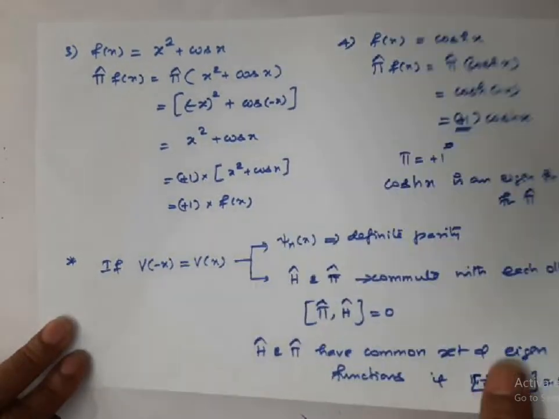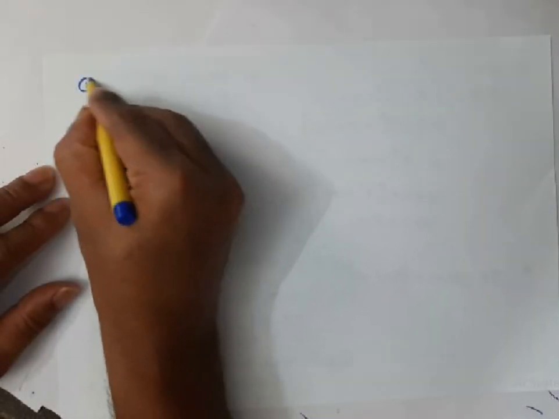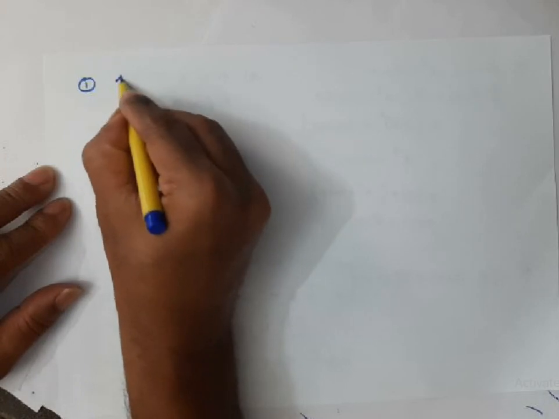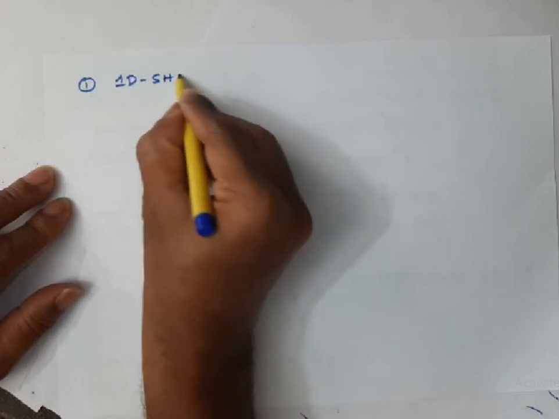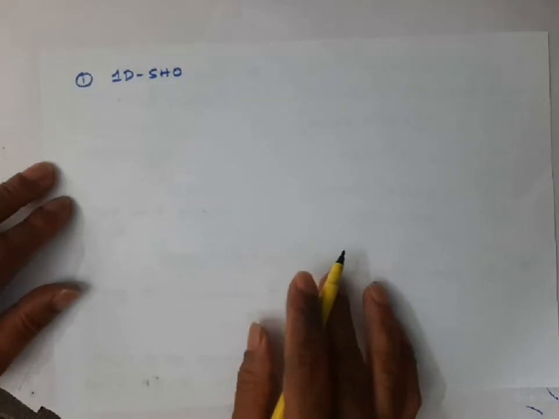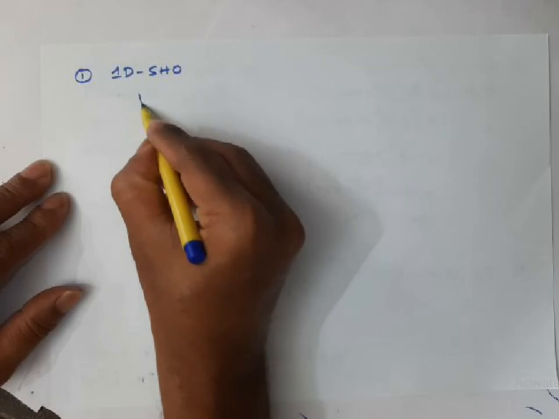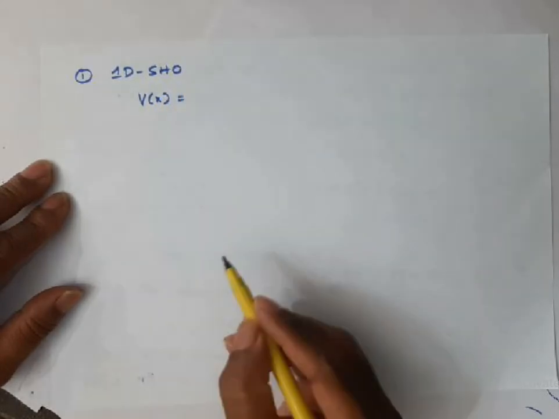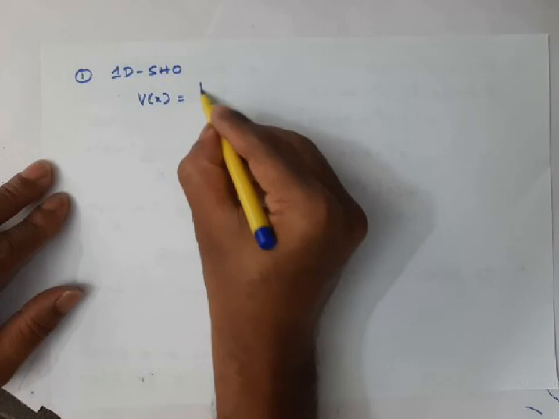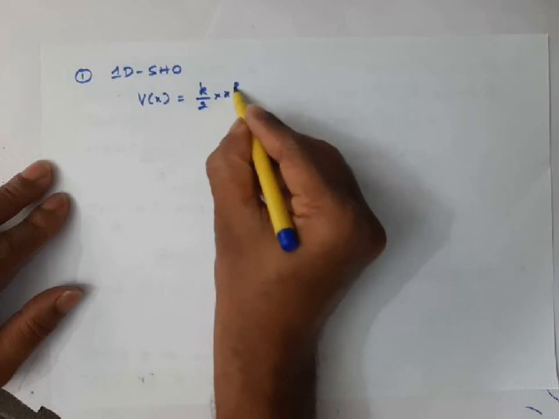Now I'll take some examples and show you the eigenvalue of the parity operator for some real systems. For example, take the one-dimensional simple harmonic oscillator. You know very well that in it the potential energy V of x is given as k by 2 into x square.